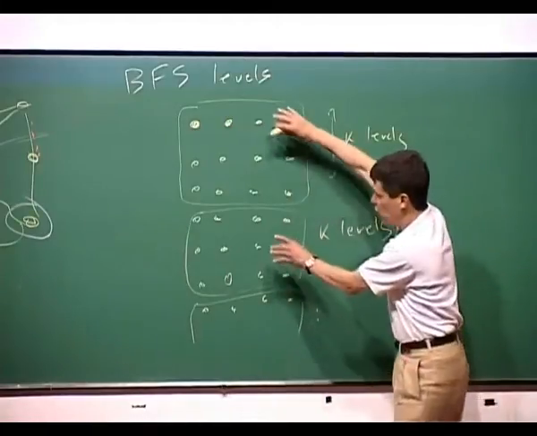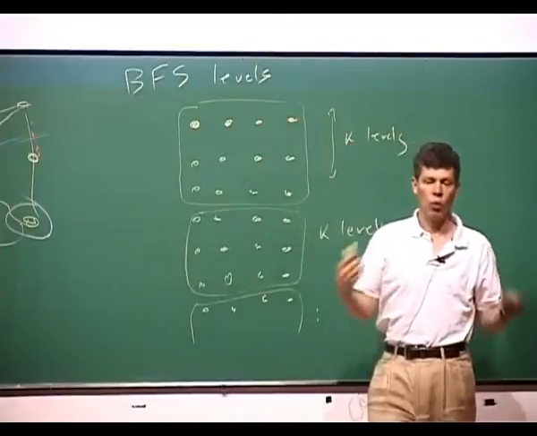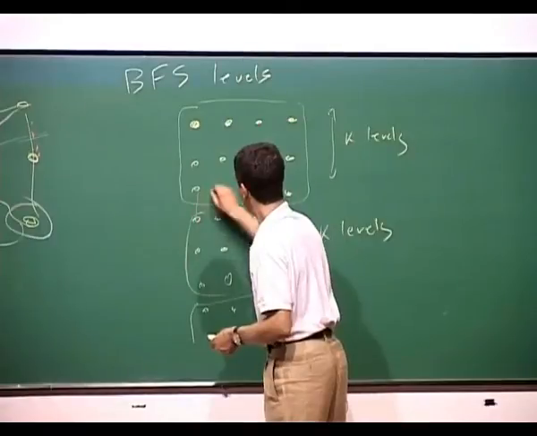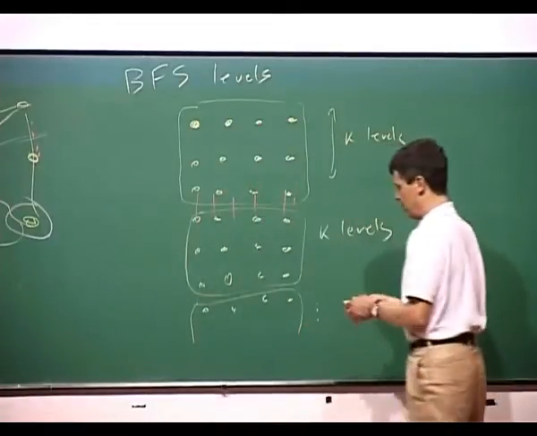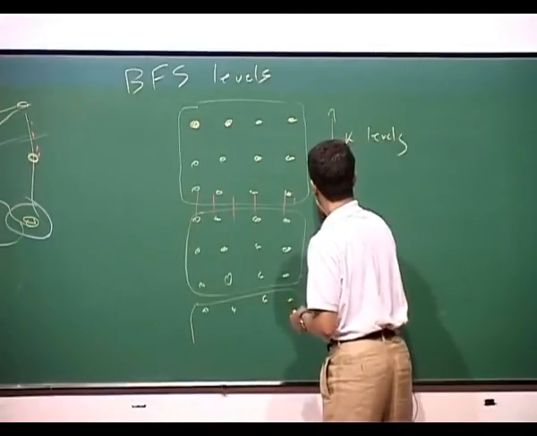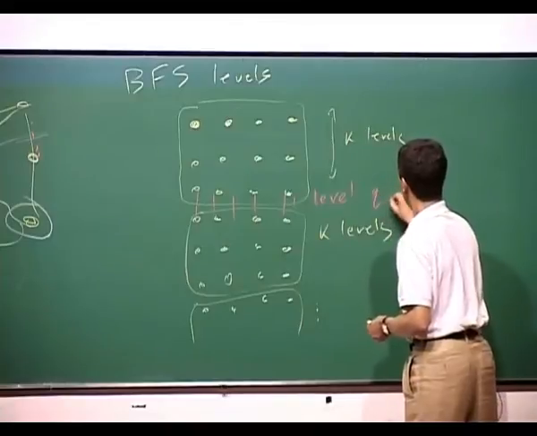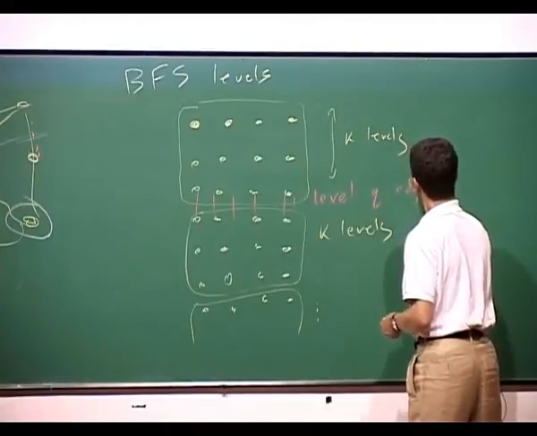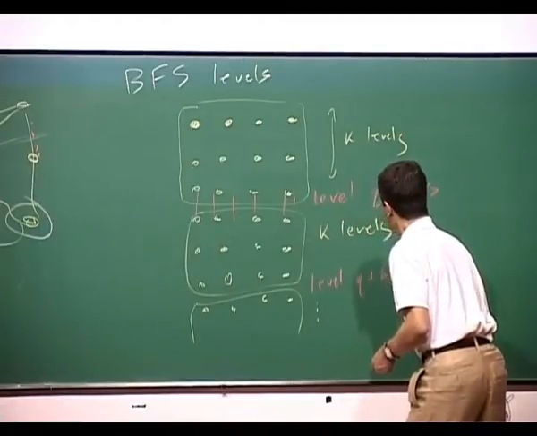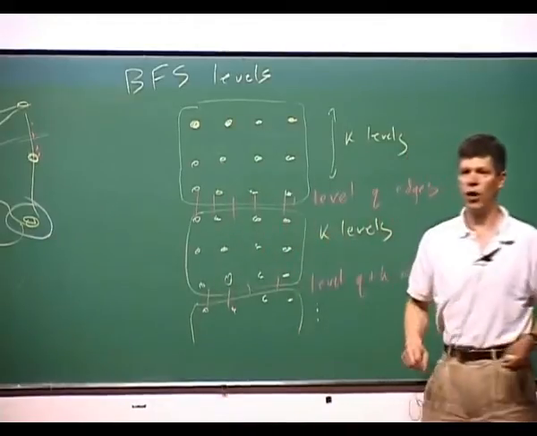By shifting this, by choosing different starting points, the edges separating become different. So this is maybe level Q edges, level Q plus K edges, and so on.